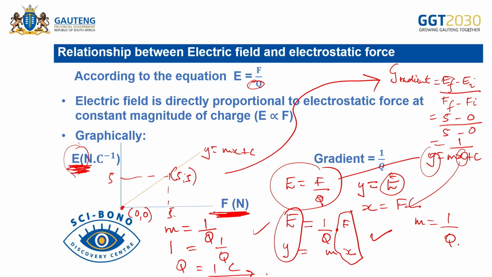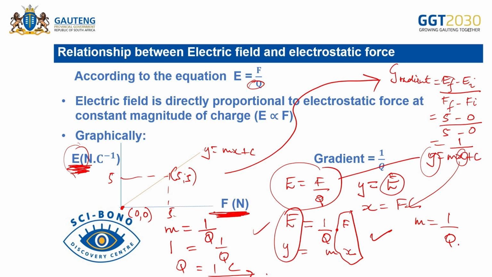So here what I was doing, I was showing the relationship between E and F, right? E and F are directly proportional at constant Q. So as F increases, the electric field at a point also increases. So I have shown that relationship using a graph. So it's going to be a straight line since there's a direct proportionality between E and F, right? So now, how do I interpret the graph?